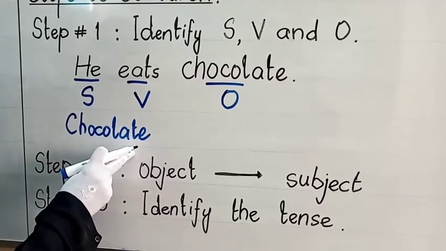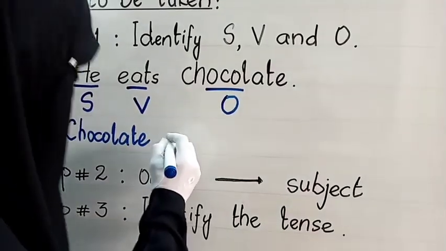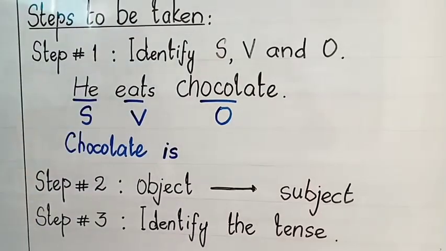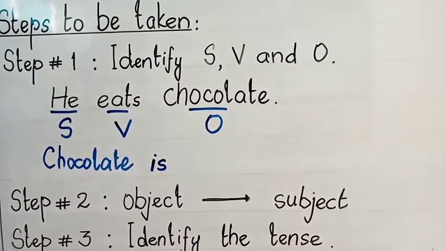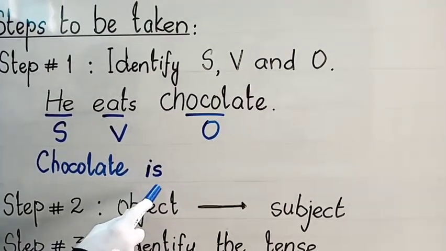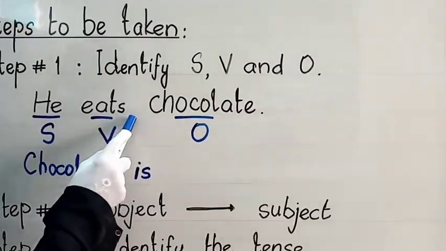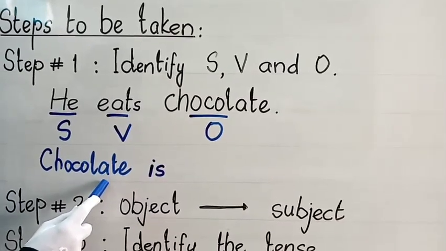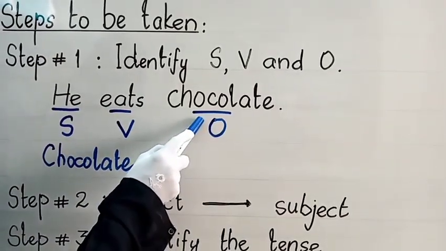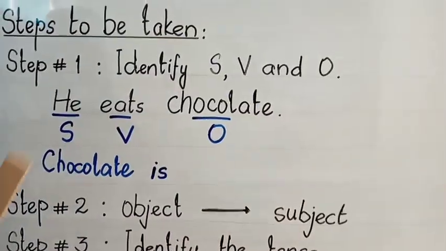Which is right? Is. Good. So we will write is here. Chocolate is. So we have applied be verb here according to the tense of the sentence and according to the new subject, which was object here. Come to the next step.